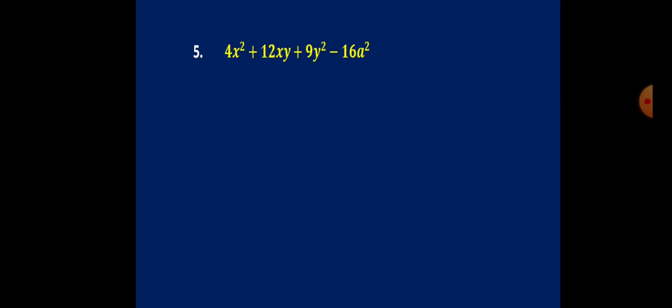You can see the first three terms. 4x squared is a perfect square. 9y squared is also a perfect square. That means the first three terms fit into the identity (a plus b) whole squared. So let us write this as it is: (2x) whole squared, that means 4x squared, 2 times 2x times 3y, that means 12xy, and plus (3y) whole squared.